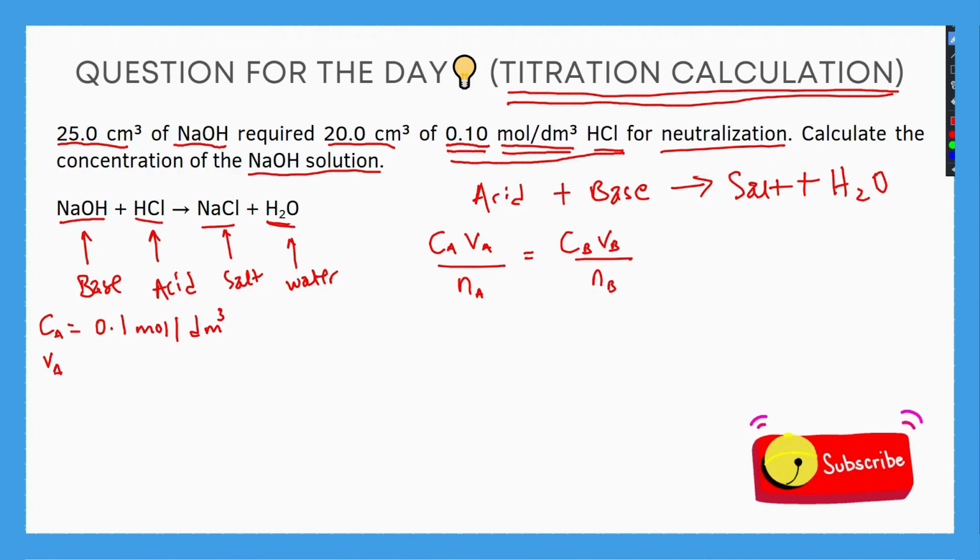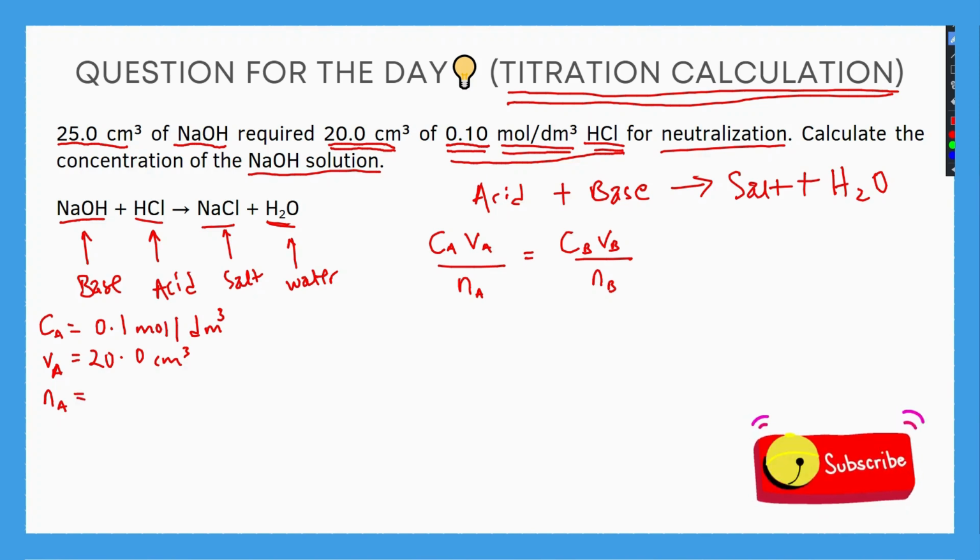Va stands for the volume of acid that was used. From the question, they said 20 cm cube of 0.1 mole per dm cube of hydrochloric acid. So Va becomes 20.0 cm cube. I hope you're following every step of what we're doing over here. Na here stands for the number of moles of acid that was used in the balanced chemical equation.